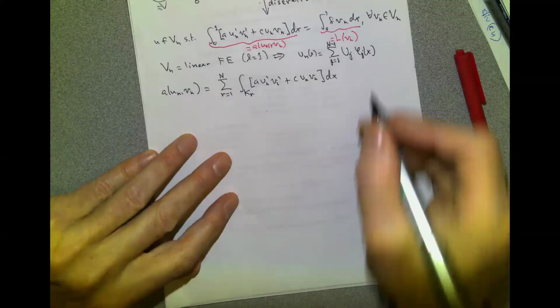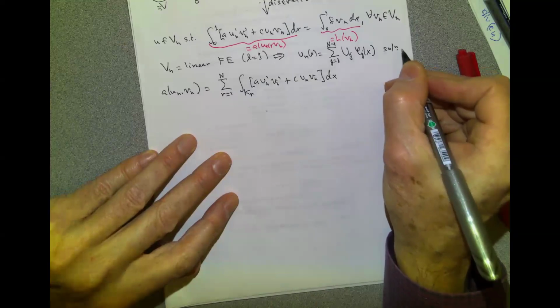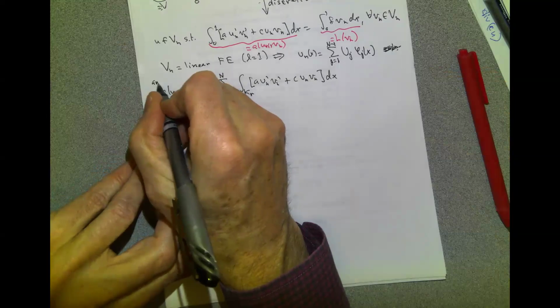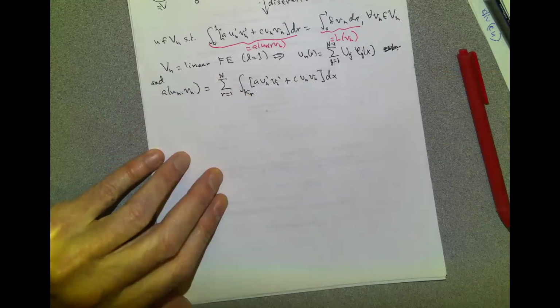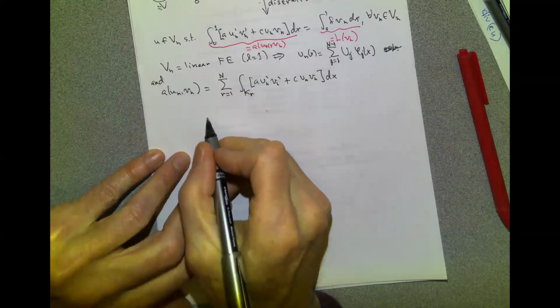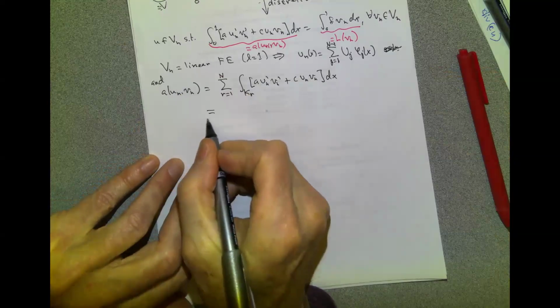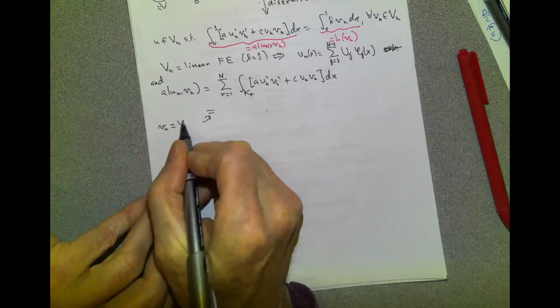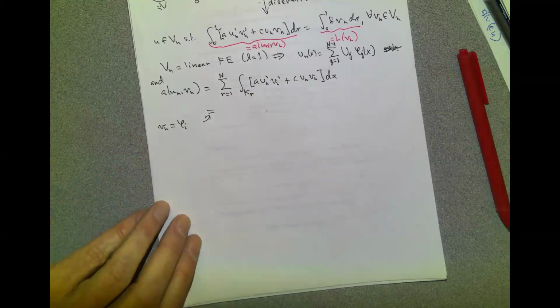So this thing is the solution, and we're having that. And now let's take vh. vh is equal to phi_i to rewrite the thing.